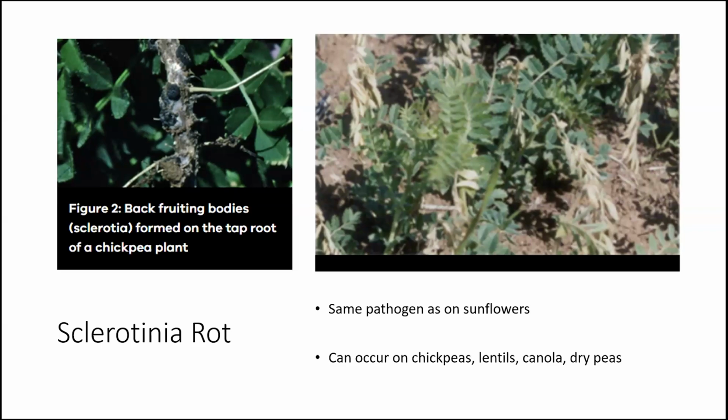And you can see the white moldy growth, and then these are the fungal fruiting bodies, the sclerotia that's being produced that will end up in the soil. The picture on the right is a plant that has severe white mold infection and is starting to die at the top due to the white mold preventing transport of nutrients.